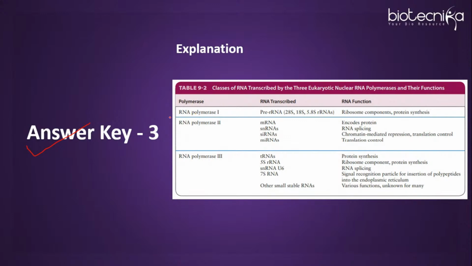RNA polymerase 1 is responsible for the transcription of the majority of rRNAs, the ribosome components, for protein synthesis. Your mRNAs, snRNAs, siRNAs and microRNAs are all transcribed by RNA polymerase 2. Coming to tRNAs, we have RNA polymerase 3. Could you get it now, Gyanashri?